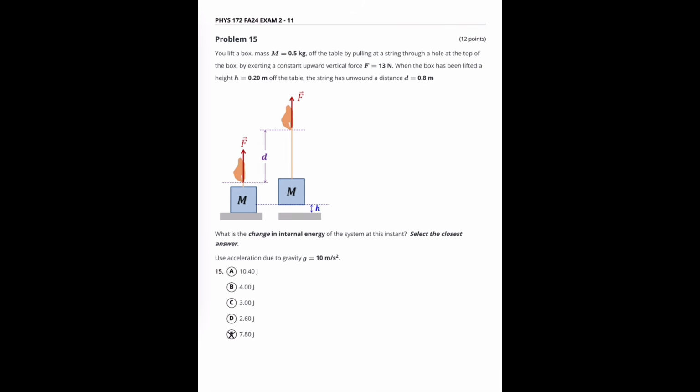So first I'm going to identify our system and surroundings. Our system will be our box, and our surroundings will be our hand plus the earth. Now we can say that the change of energy of the system is equal to the work done by surroundings.